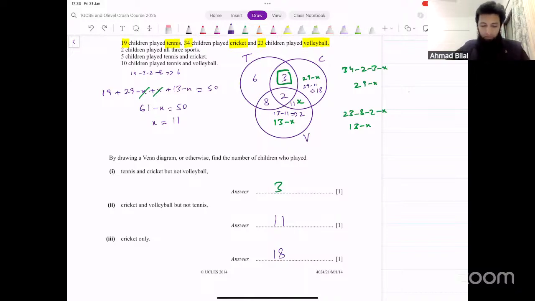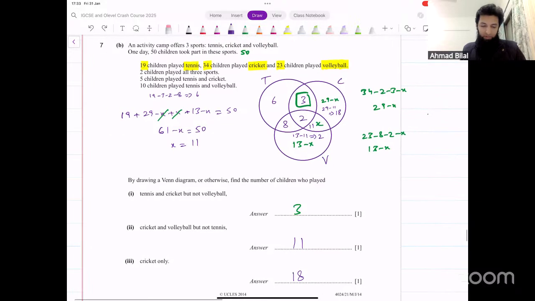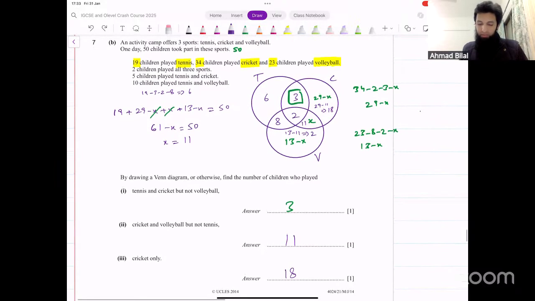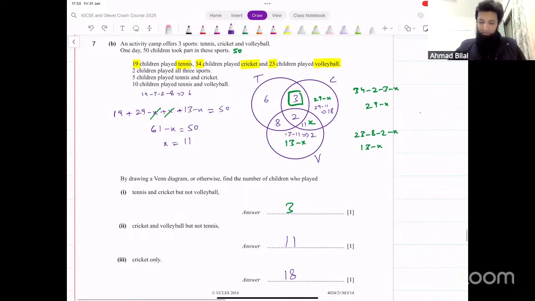Okay, now try some more questions from these worksheets again. If you haven't completed them yet, please make sure to attempt all the problems. Take this weekend and get done with all the previous worksheets, so that you can catch up with everything that we've done until now.